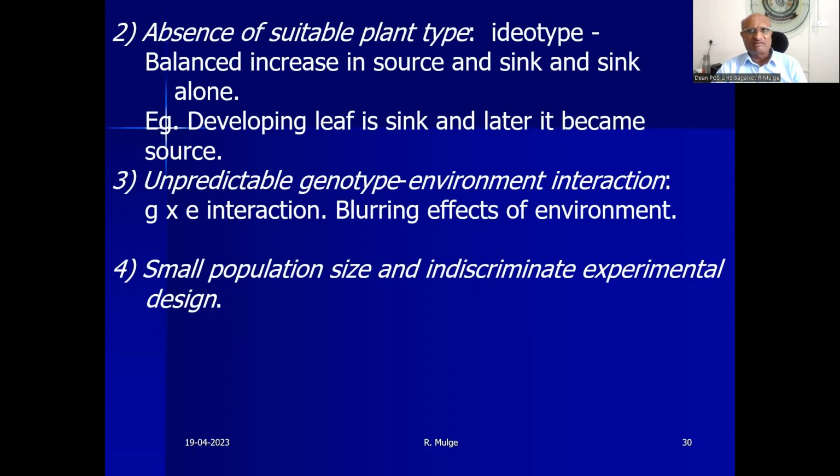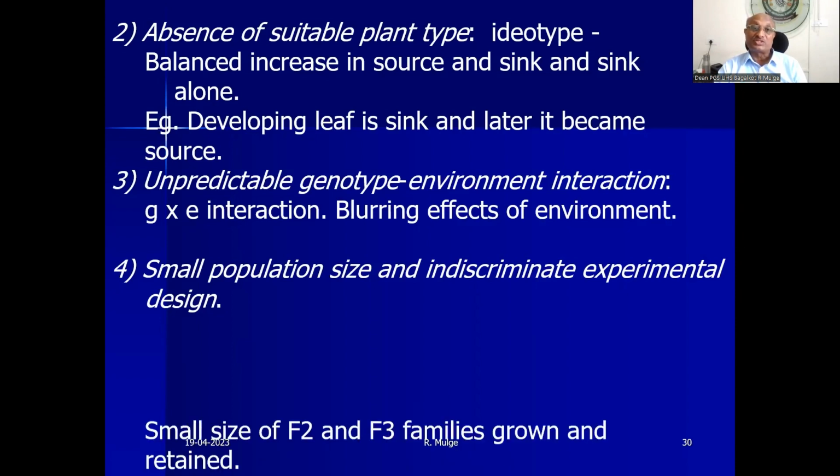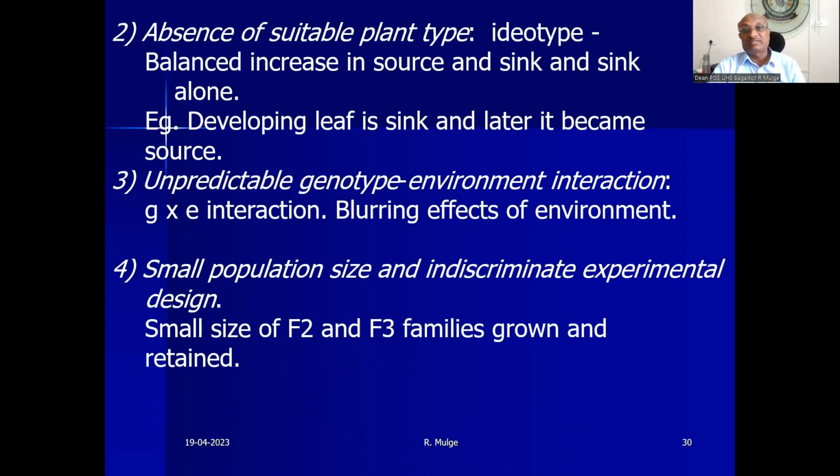Like many a times, either you are helpless, or you do not know. So the indiscriminate experimental designs being used is one of the problems, along with the small size of the F2 and F3 families grown and retained, because you have got so many other breeding programs handling many other crops. Then it is being limited.